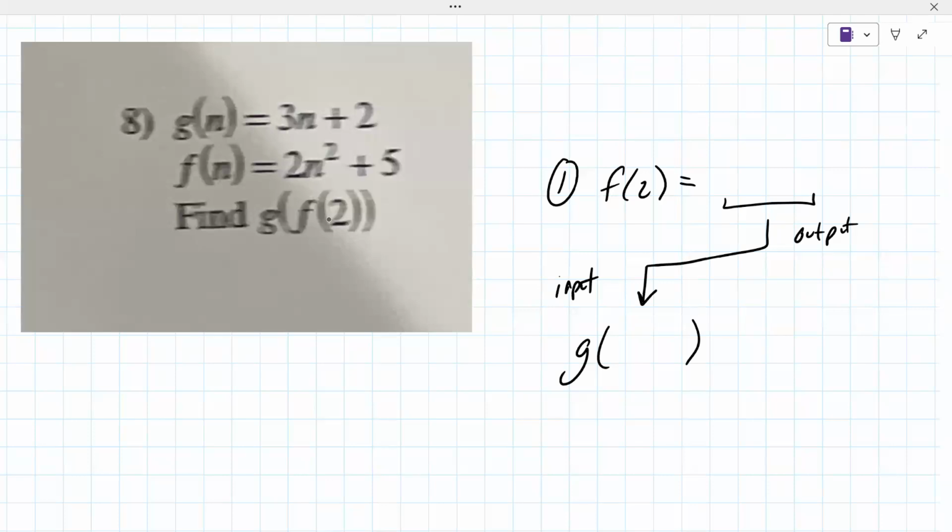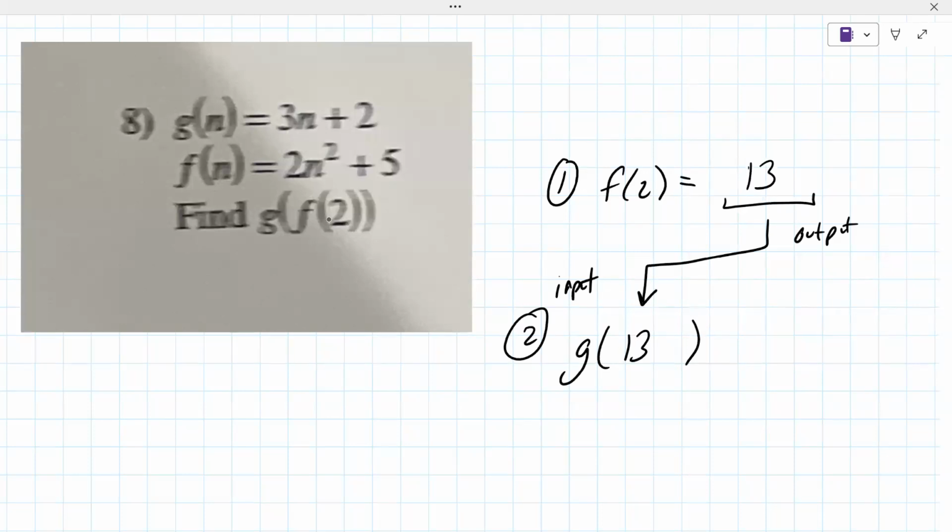So first find f of 2, then we'll find g of whatever. 8 plus 9, so 13.